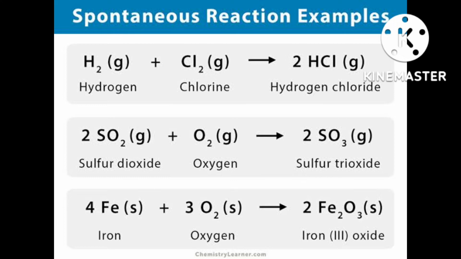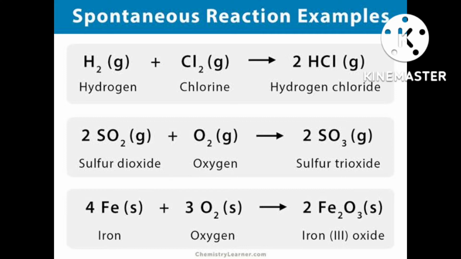So we can summarize. What is a spontaneous reaction? Now we can define it like this: a spontaneous process is an irreversible process, only in one direction, unidirectional.